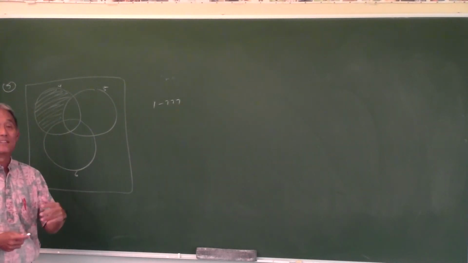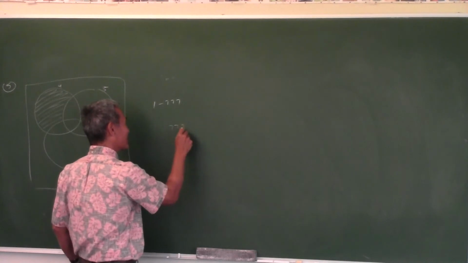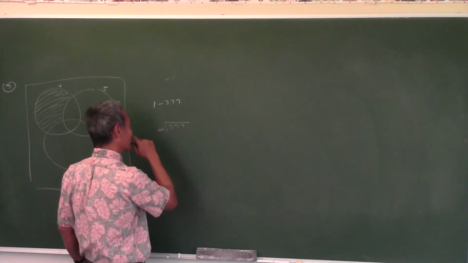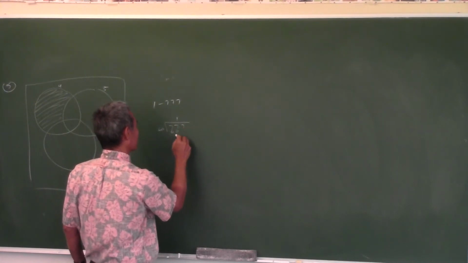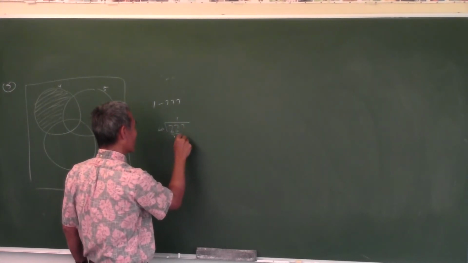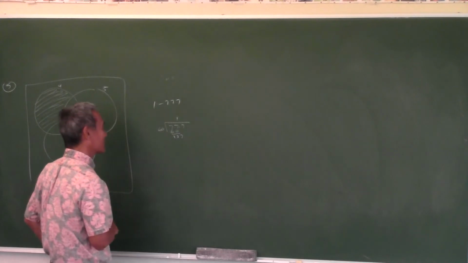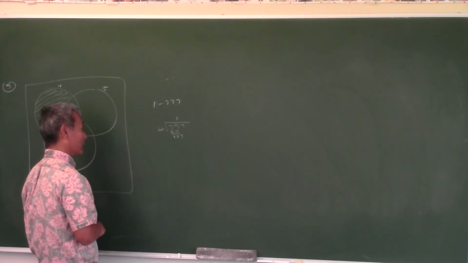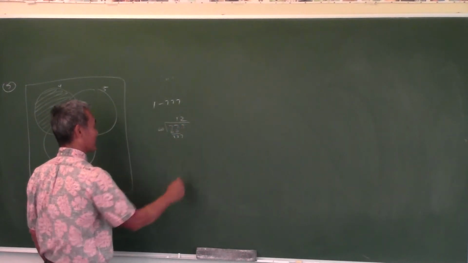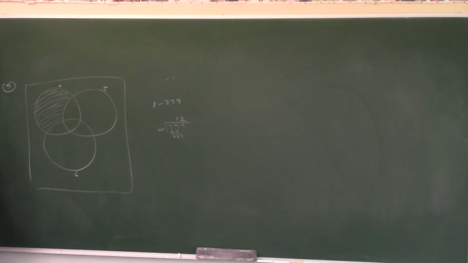The fastest way is divide. 777 divided by 60. Let's see if I can do this correctly. 17 remainder. So 177, 60 goes into 177 2 times. Gosh, I'm slow today. So that means 12 of these numbers are divisible by all 4, 5, and 6.